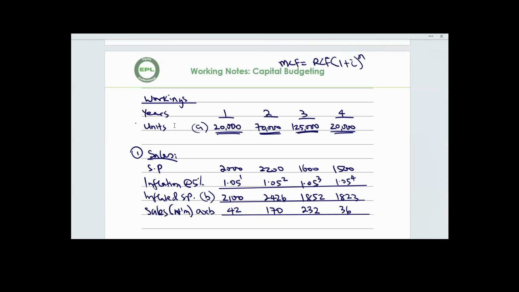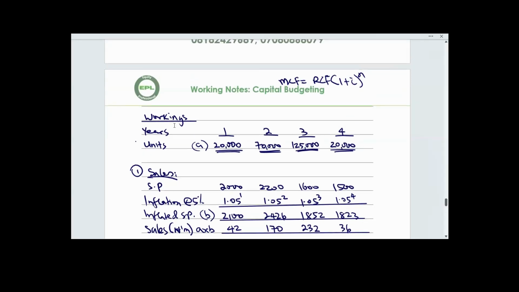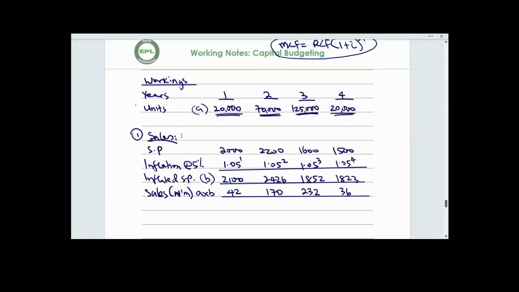What we are doing is just converting real cash flow to money cash flow. You are supposed to compound using the formula I wrote up here, the same formula I gave you last week. When you convert real cash flow to money cash flow, you increase it because you want to inflate it. The selling price given is in current price terms, which means they are real cash flow.